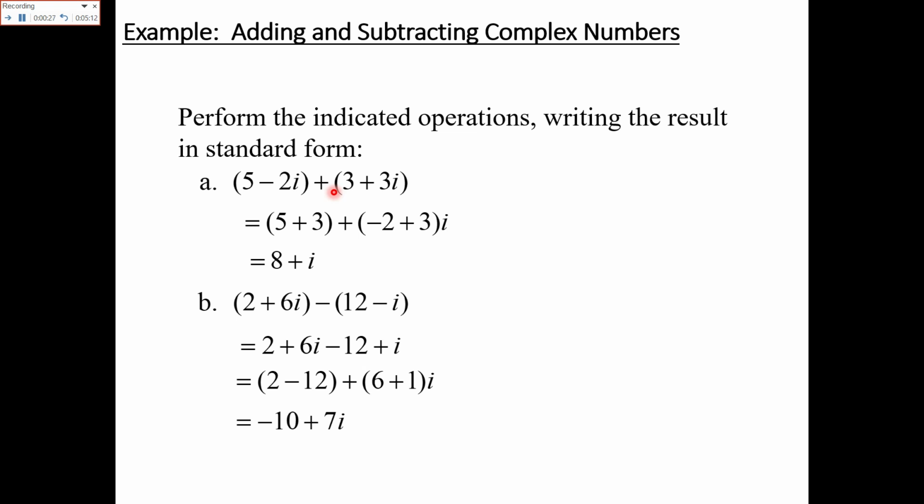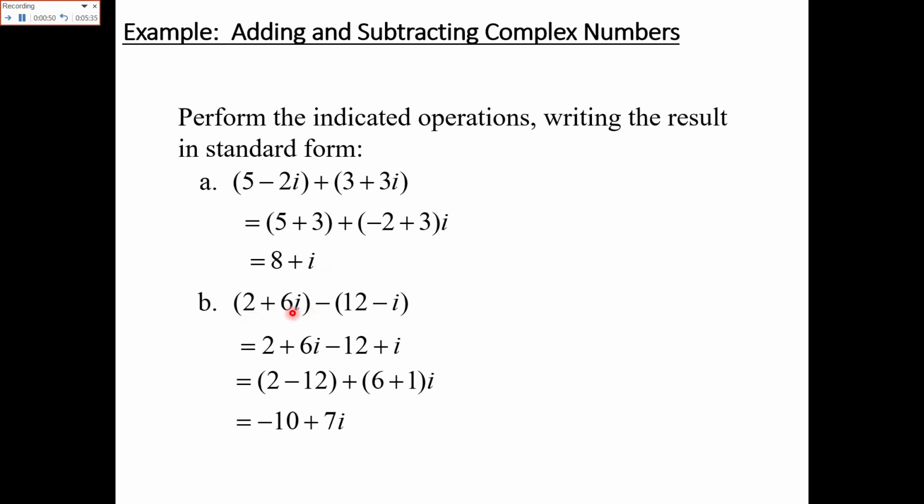You will add the real part with the real part and the imaginary part with the imaginary part. So the real parts are 5 and 3, so 5 plus 3, plus the imaginary part minus 2 plus 3 into iota. So the answer is 8 plus iota.